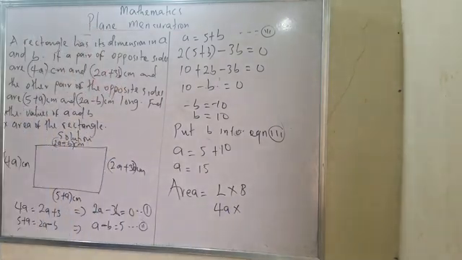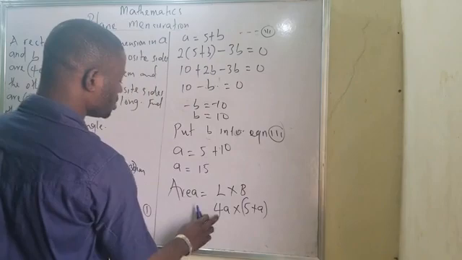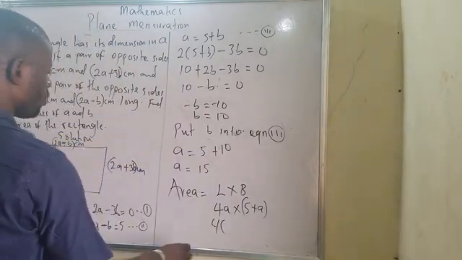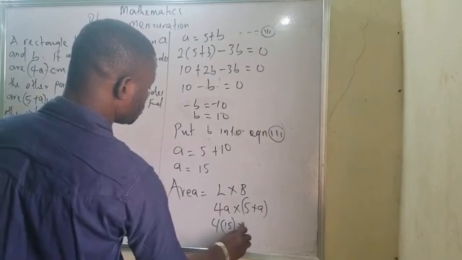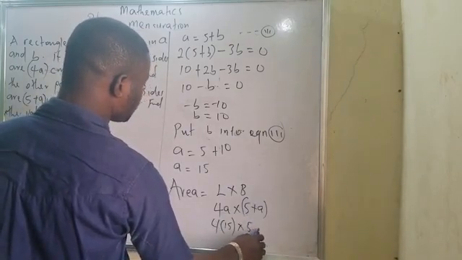multiplied by, what is my B? I can see that it is 5 plus A. Now I have 4 bracket of 15 multiplied by 5 plus 15.